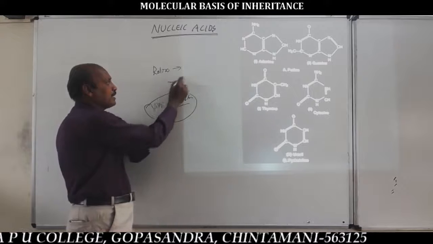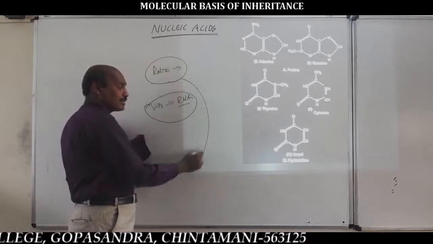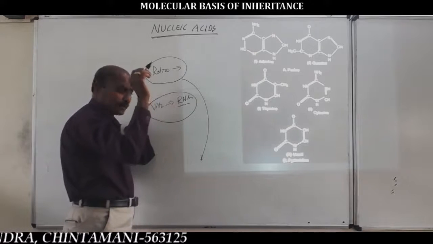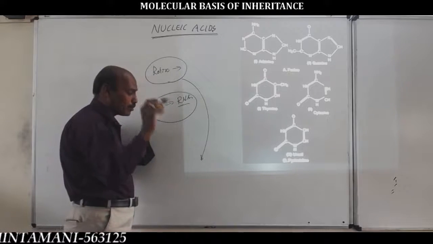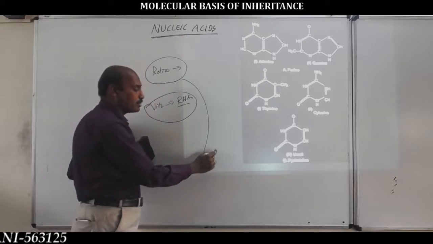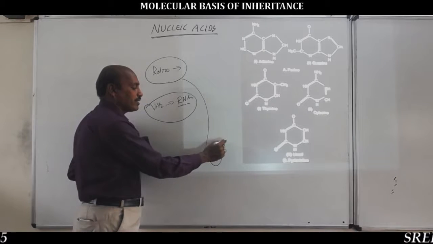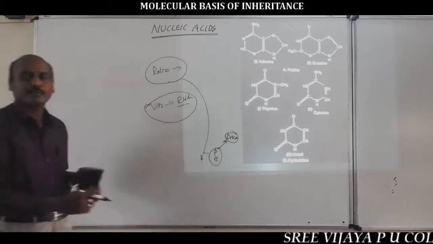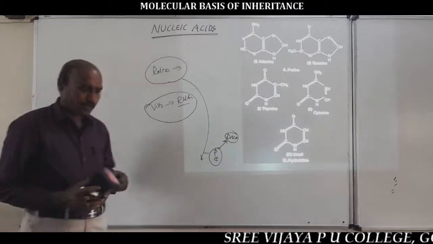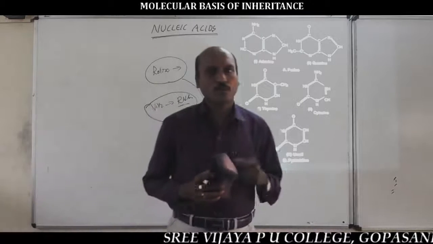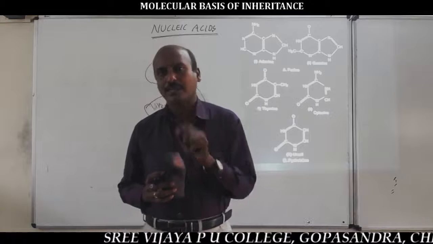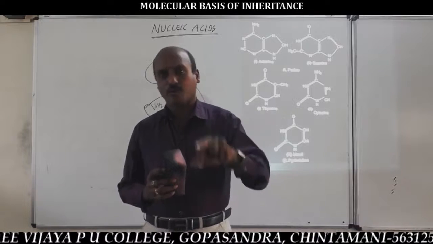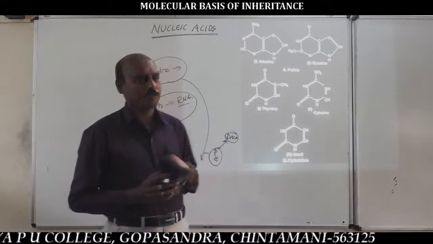So except in retroviruses, all viruses, bacteria, microbes, and macroscopic organisms, including prokaryotes and eukaryotes, have DNA as the genetic material. You should remember, in viruses only one of the nucleic acids is there, either DNA or RNA, never both.